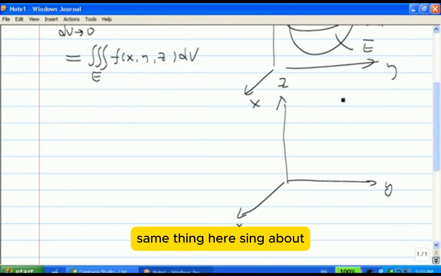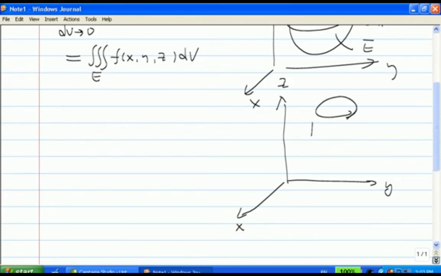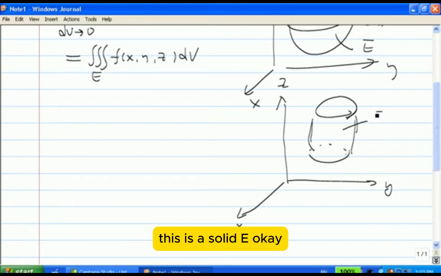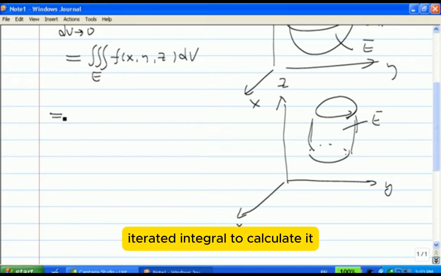Think about a solid like this. This is our solid E. We want to write it as an iterated integral to calculate it, just like a double integral. So the first thing we need is to describe all the points inside this solid E.